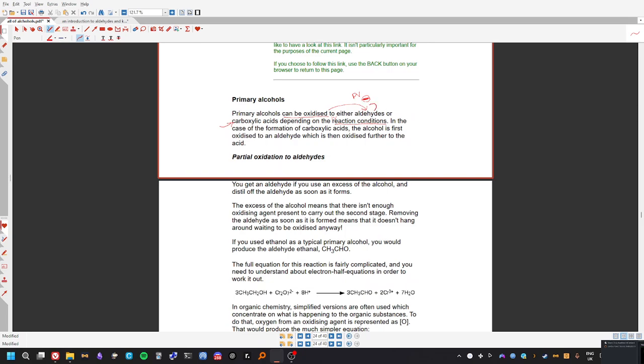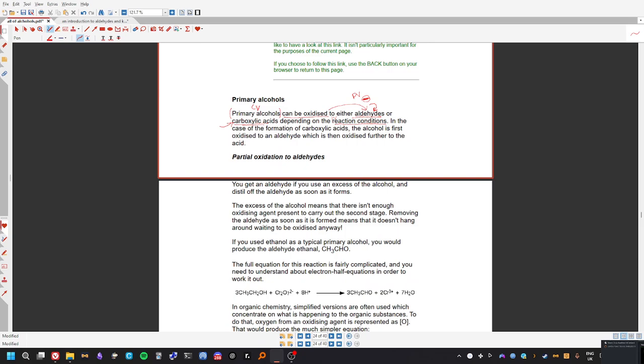Are you going to be forming an alkane with an aldehyde functional group, or an alkane with a carboxylic acid? That depends on the reaction conditions, and all of this will be based on your primary alcohol. This is going to be a control variable in this case.